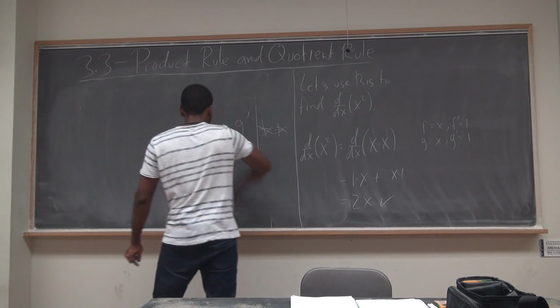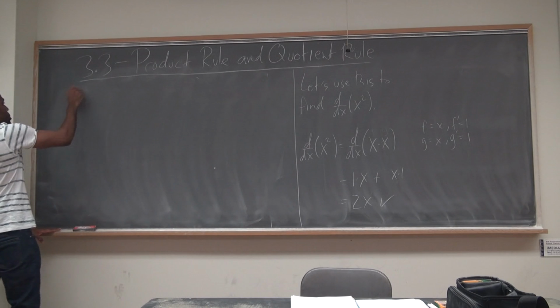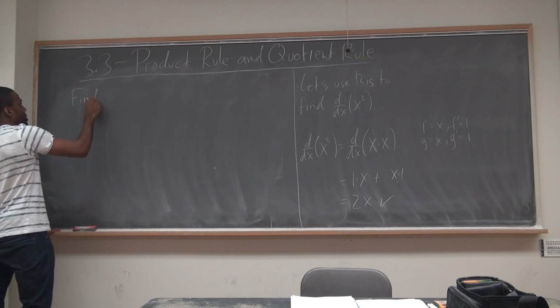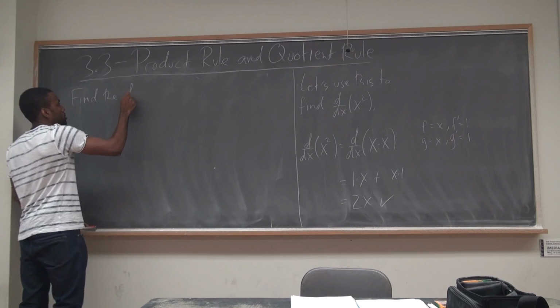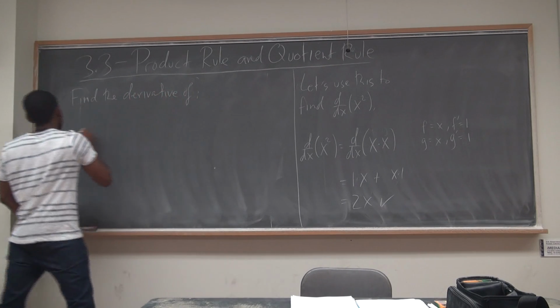So I didn't really write any examples, but let me give you some now anyway. So for example, find the derivative of x cubed times e to the x.